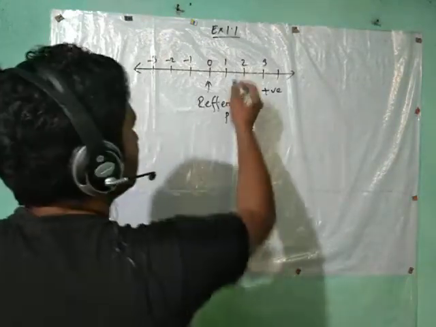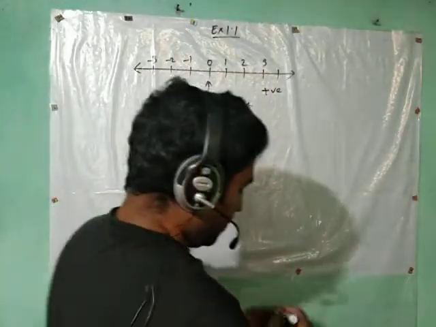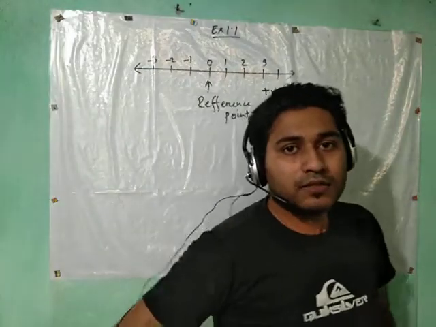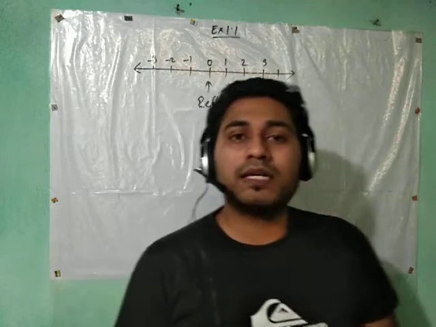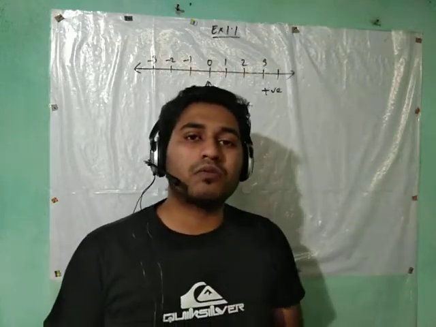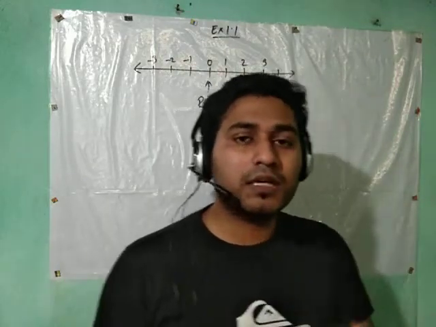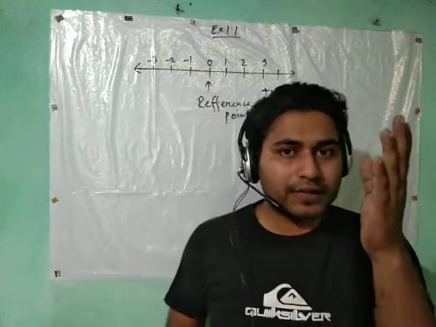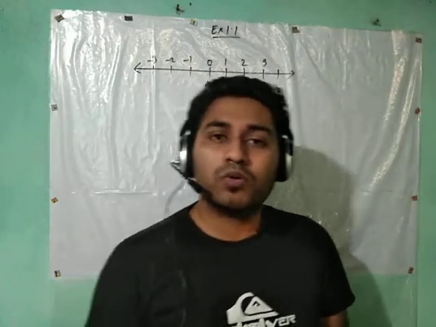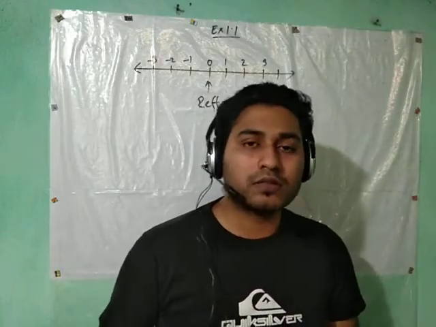So as we all know, 1, 2, 3, 4, these are natural numbers. That means natural numbers always start from 1. Similarly, whole numbers are another category of the number system which start from 0. That means 0 is the smallest whole number and 1 is the smallest natural number.